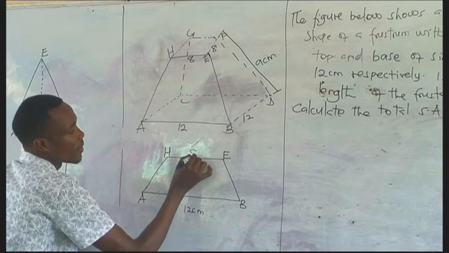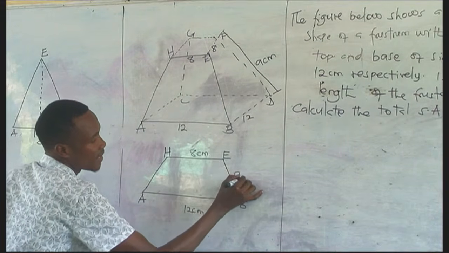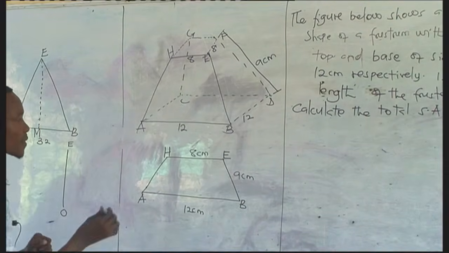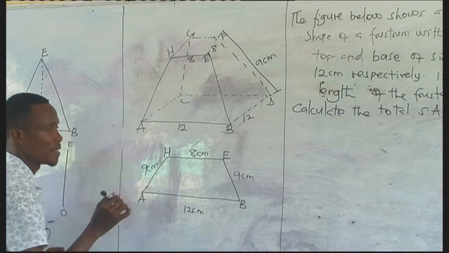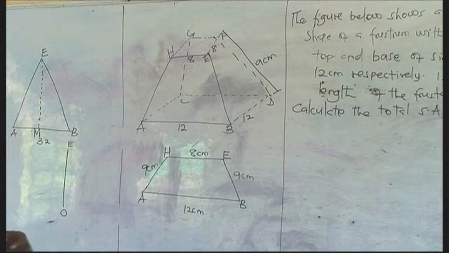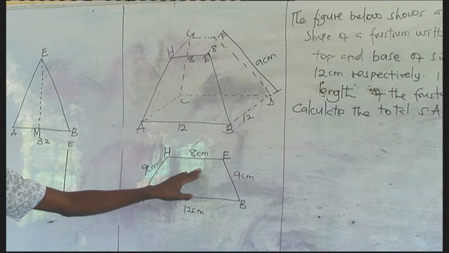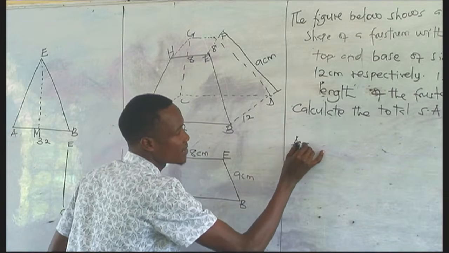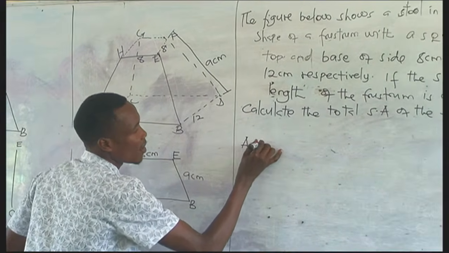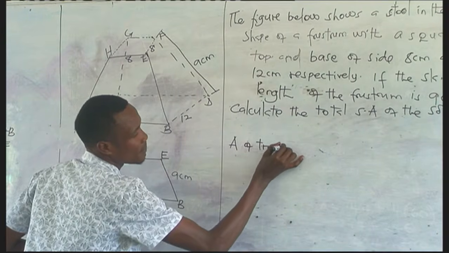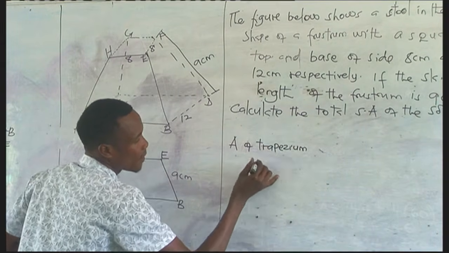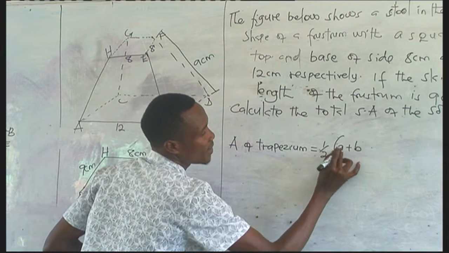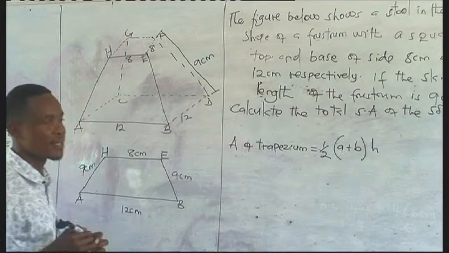On the top, 8 centimeters, and the sides 9 centimeters. Remember, all these sides are equal, 9 centimeters. When we want to get the area of a trapezium, we use the formula: area of trapezium is equal to a half times (a plus b) times height.